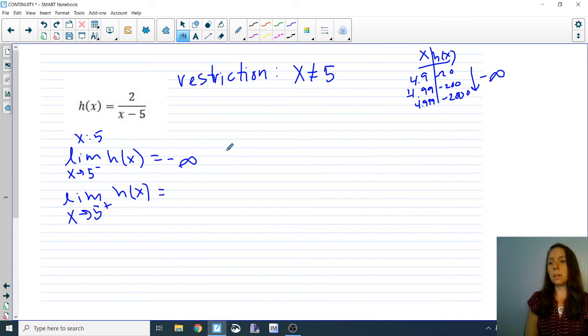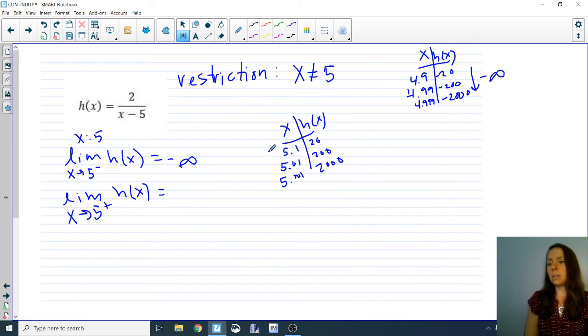I will do the right-hand limit just because we might as well. For that limit, you would want to plug in values of x that are close to x equals 5, but greater than 5. So you could do values like 5.1, 5.01, 5.001, and see what happens here. What you're going to find is that you end up with 20, right? No negatives this time, 200, and 2,000.